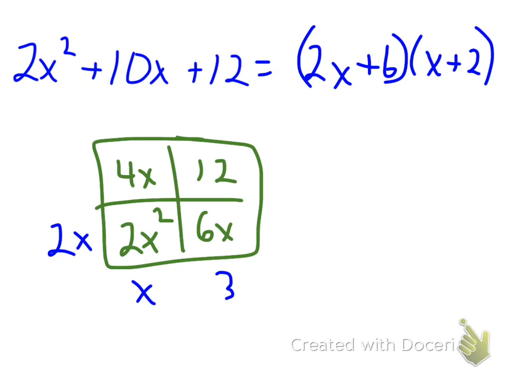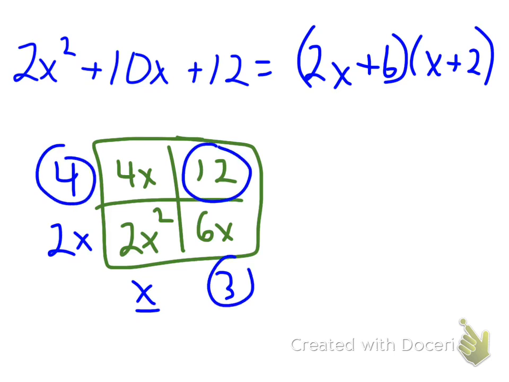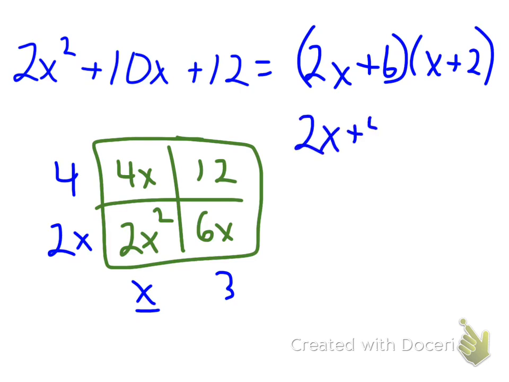This is now a 3, because 2x times 3 gives me 6x. And x times 4 will give me the 4x. But these still multiply to 12, so I still followed all the correct work, but now my factors are 2x plus 4 and x plus 3.